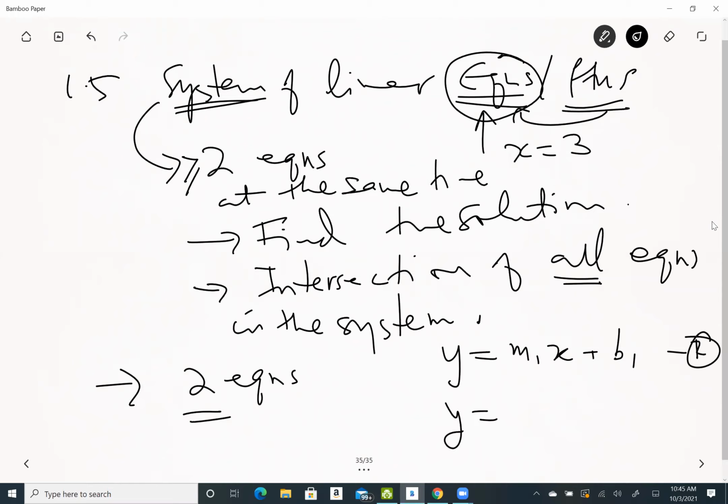And then you have another equation, y equal to m2x plus b2, call it number 2. So here you have a system of 2 equations. You want to find the solution. The solution is the intersection of all the equations in the system at the same time, because a system is where you have 2 or more equations at the same time.